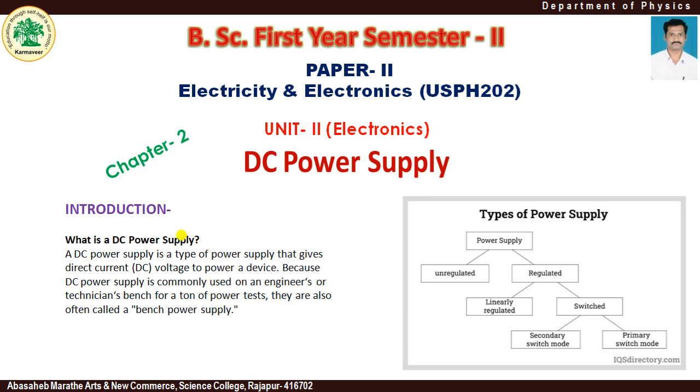Under the heading of this DC power supply, we will study the major application of the semiconductor diode. You know that the diode conducts current when forward biased, and practically no current flows in reverse bias.